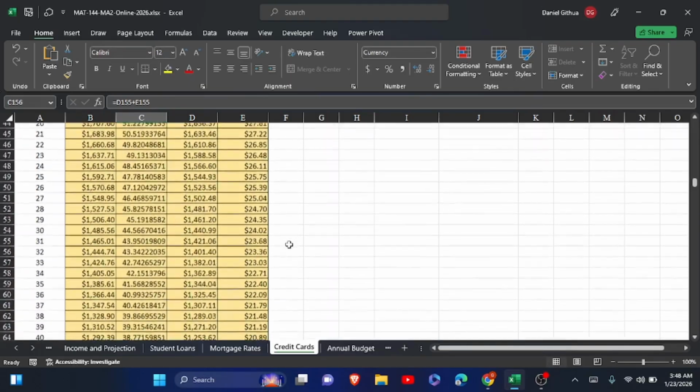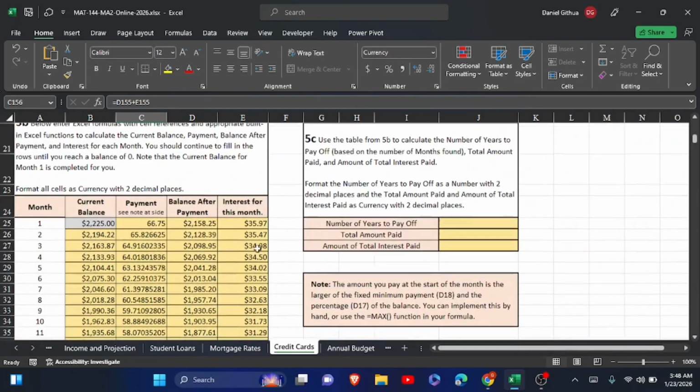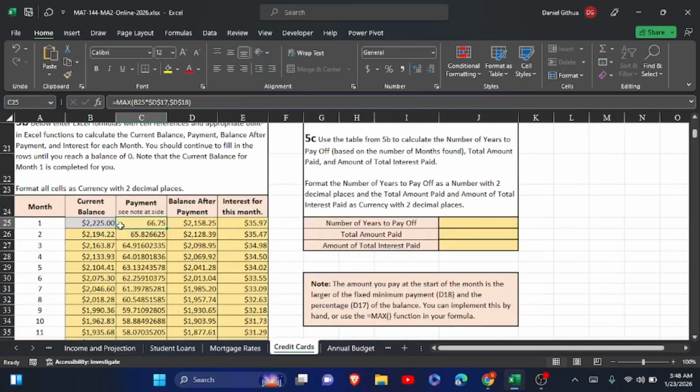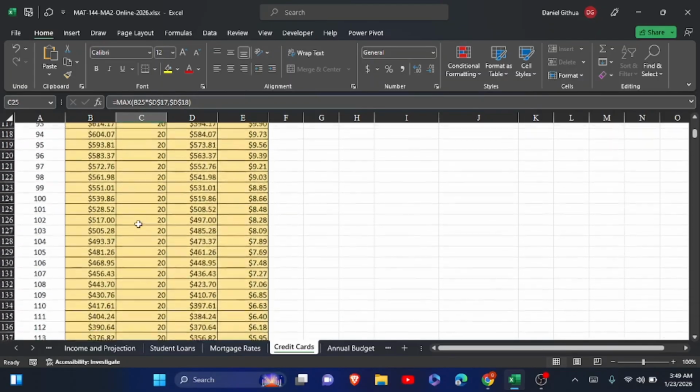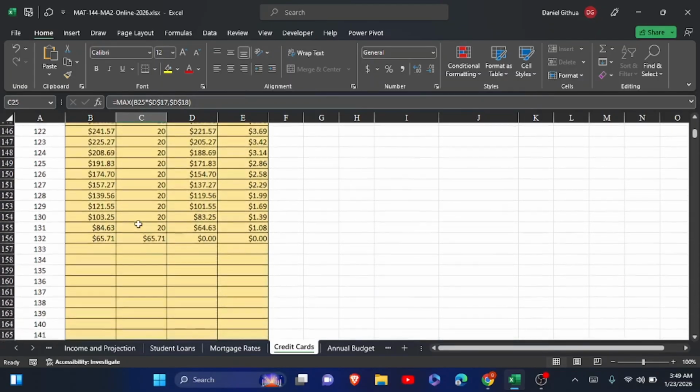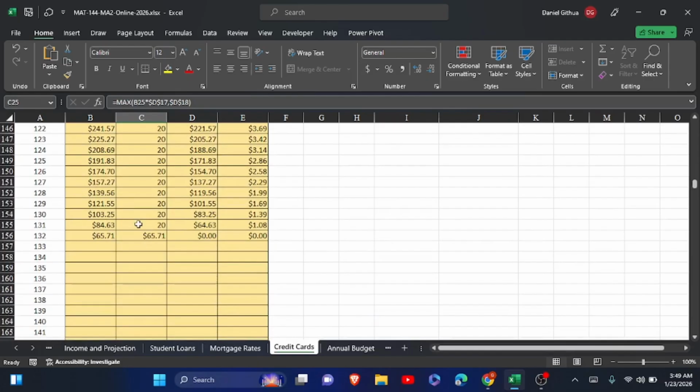So the trick is to ensure that the current balance is at or close to 66.75, and in our case we have found it to be 65.71. That is what you are supposed to do.